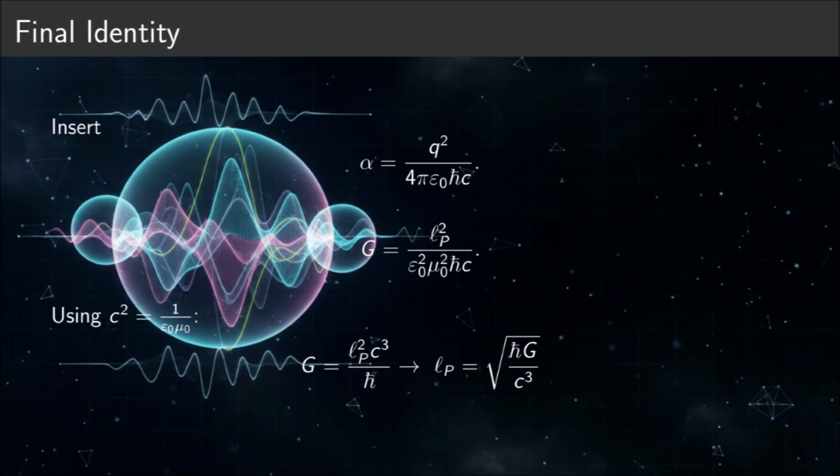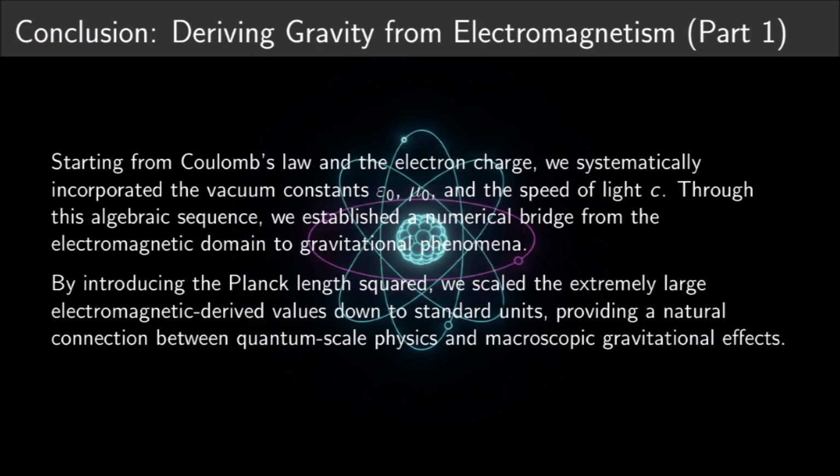Using c squared equals 1 divided by epsilon naught times mu naught, we get G equals L sub p squared times c cubed divided by h bar, which implies L sub p equals the square root of h bar times G divided by c cubed.